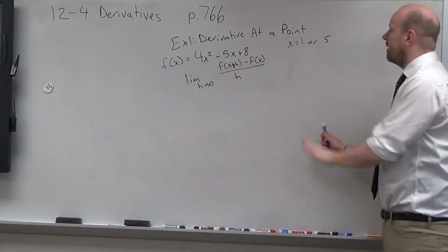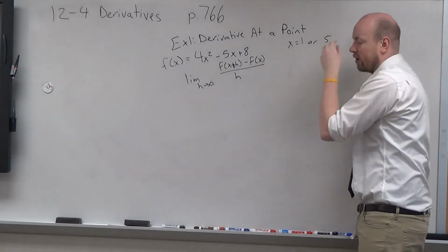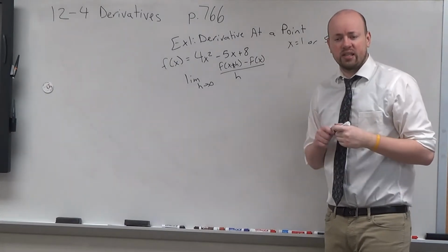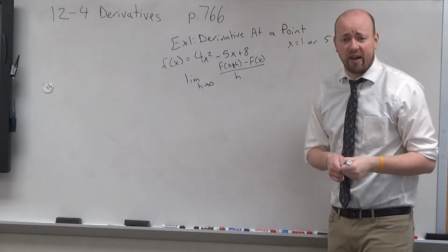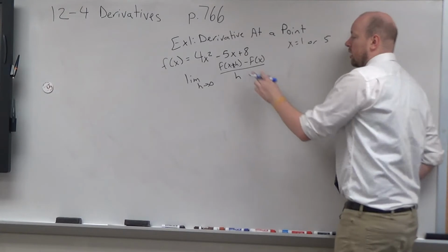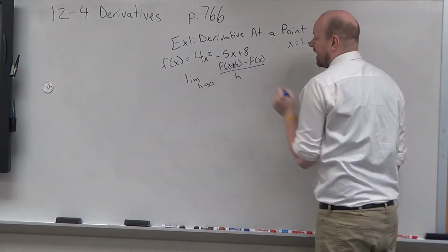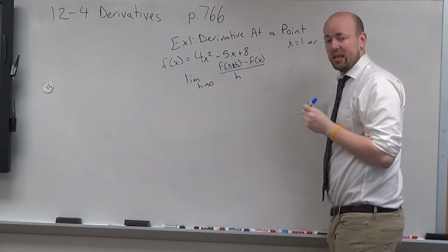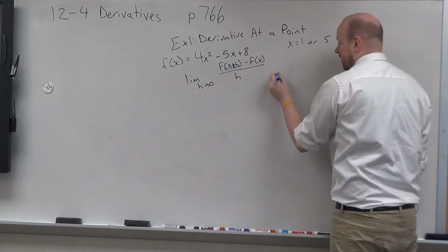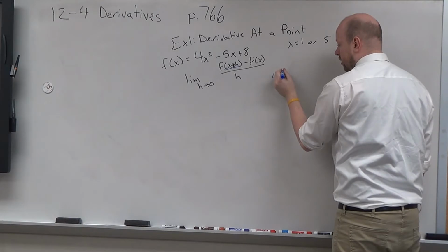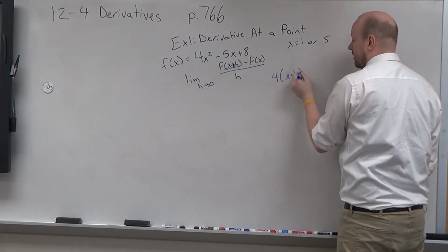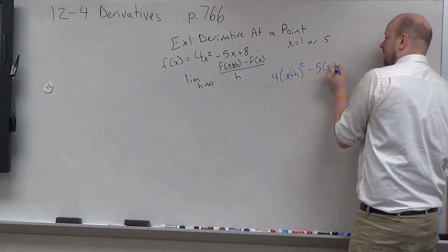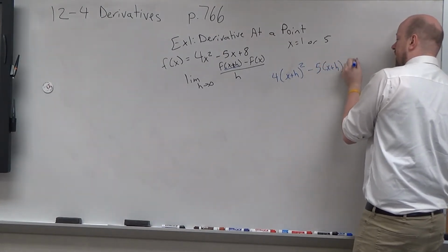Now you may be tempted to just plug in the 1 right away for our x. Don't do that. Wait until we can clean things up and simplify before we start plugging in values. So, remember this is f of x plus h. So everywhere there's an x, I have to plug in x plus h. So my first term is 4 times the quantity x plus h squared minus 5 times x plus h plus 8.